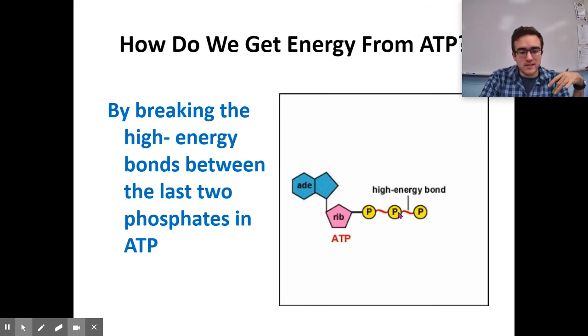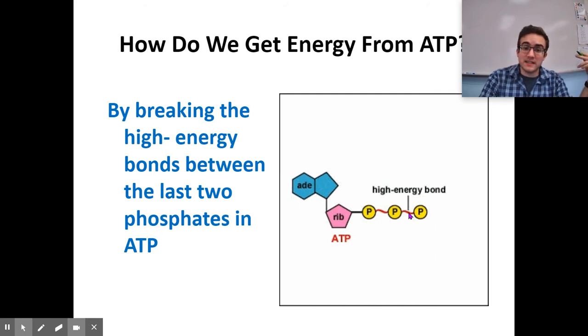But between the second and the third phosphate, it has a high energy bond, meaning that there's a lot of energy stored right here in this bond. If we break that bond, that's where we get our release of energy. So this last bond here is where we get our energy from.